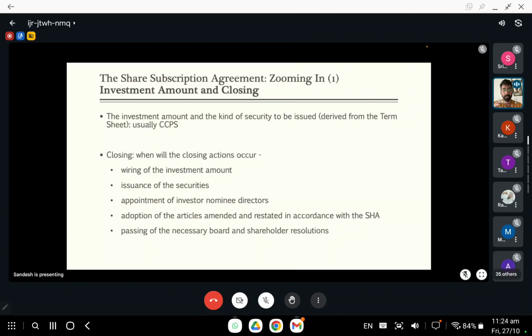It is not just an agreement between you and the investor, but the company also has to ensure that these things are followed. It goes back to my earlier concept that the company is treated as a separate individual. So as the company grows and there are more people in management, the management also has to ensure that all the clauses in transaction documents entered into by the company are adhered to.